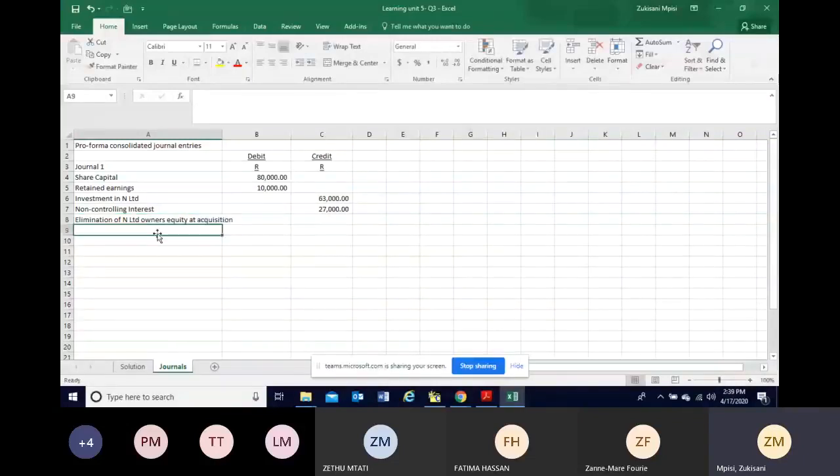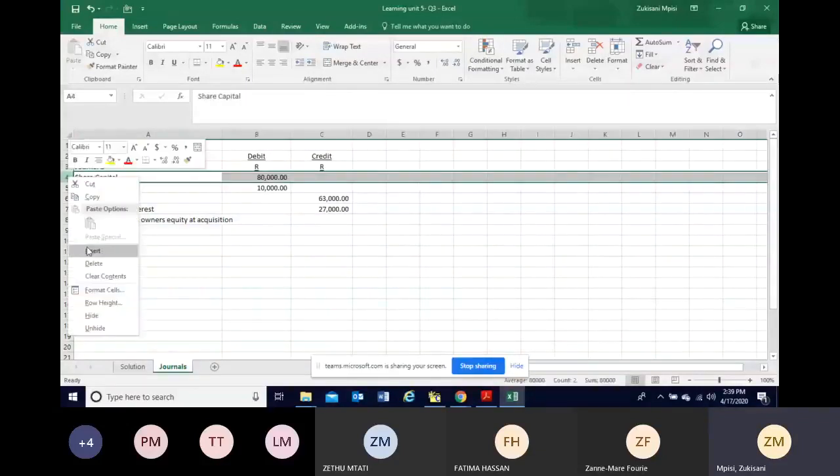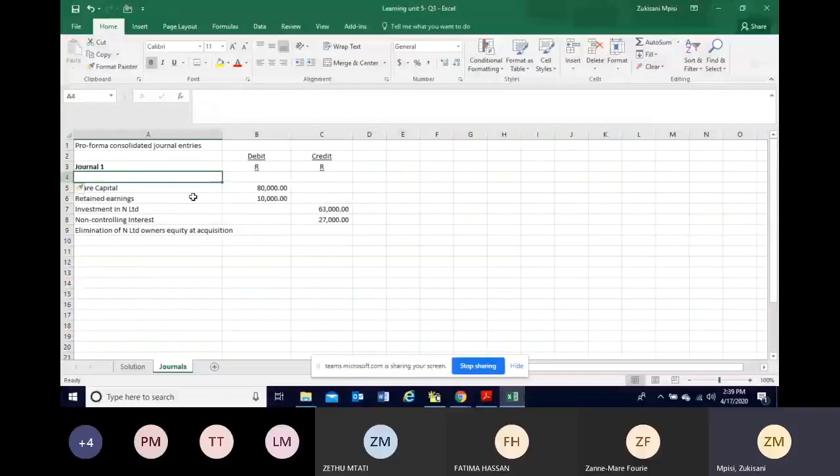So journal number 1 is done. Now the second thing that I want you to think of that I must quickly put in is the date. We are told that this was on the 17th of July 2002. This was when that journal entry was done. Journal number 2.